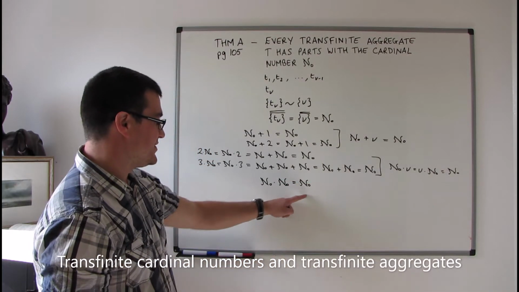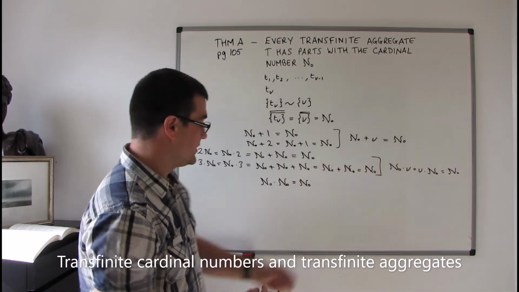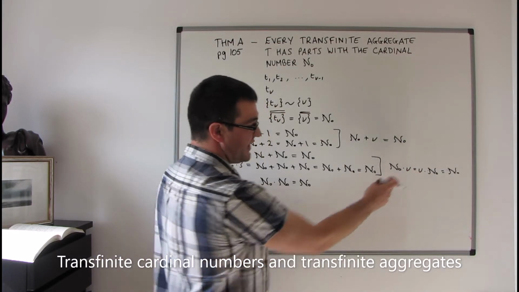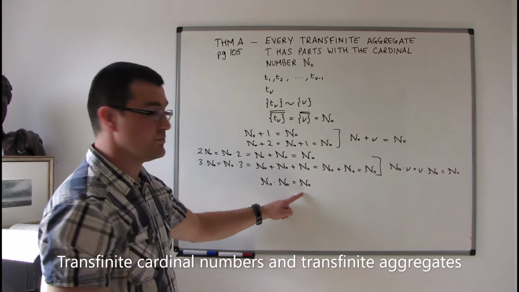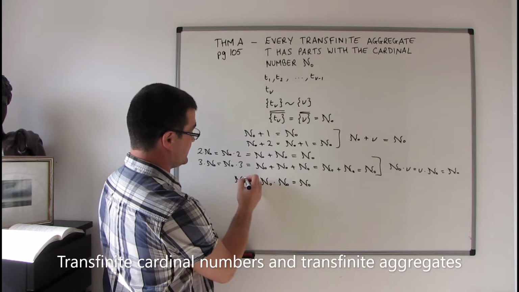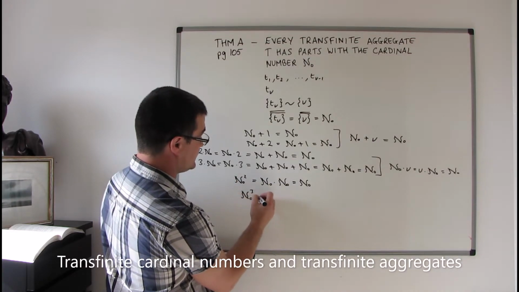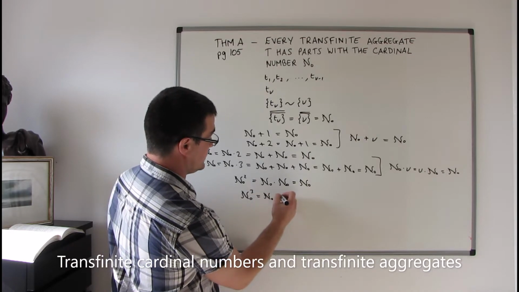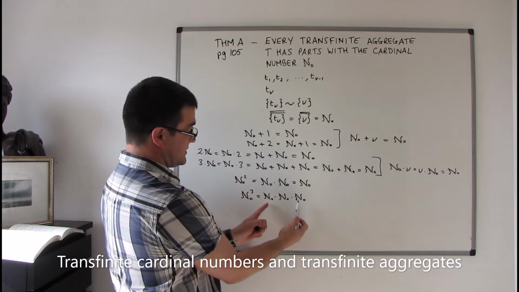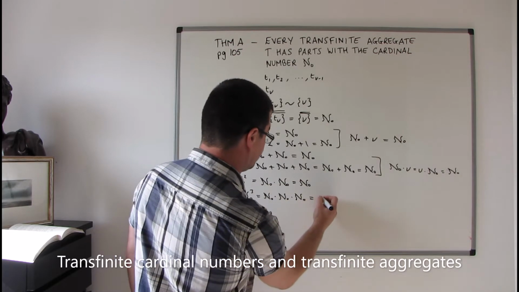So once again, this has to be shown by separate means to the reasoning that I used here. It doesn't automatically follow that if this is true for all such finite nu, then it must be true for this as well. This has to be shown by separate means. But I can write this as Aleph naught squared, and similarly I can get Aleph naught cubed, which is Aleph naught times Aleph naught times Aleph naught, which I can think about as multiplying each side of this by Aleph naught.